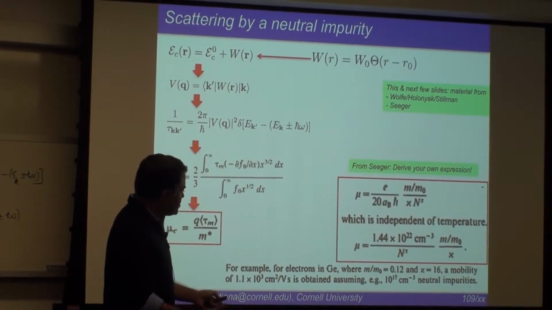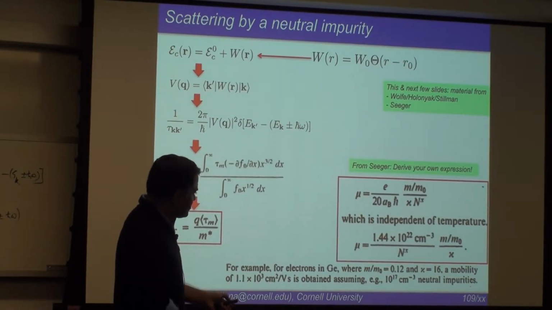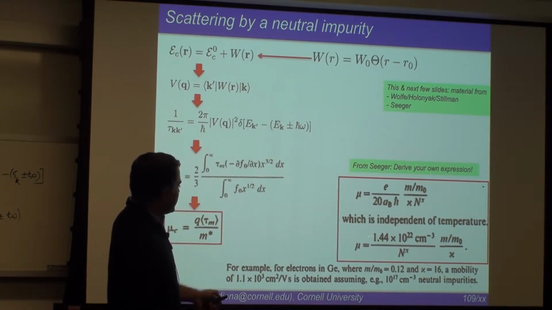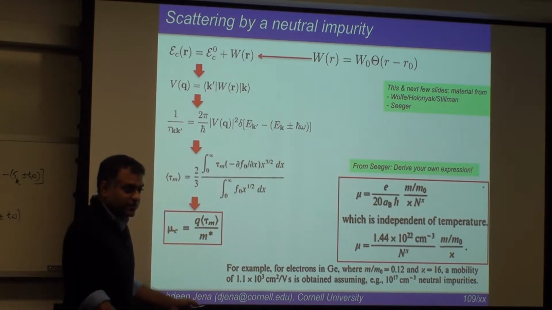For example, for germanium, electrons in the conduction band of germanium, where the effective mass is 0.12 and the relative dielectric constant is 16, if you plug in these numbers with 10 to the power 17 per centimeter cube neutral impurities, you get a mobility of about 1,000.